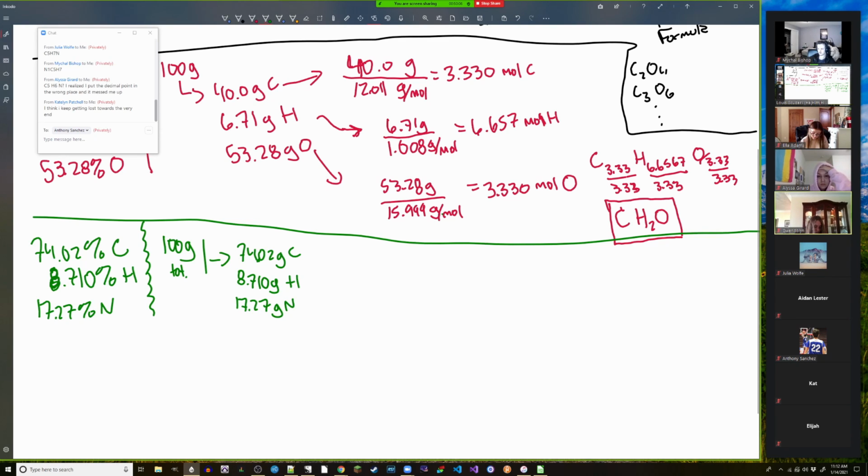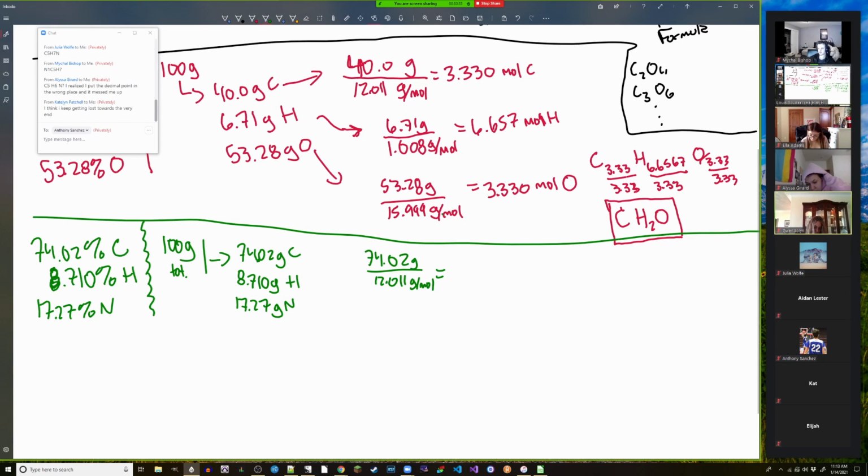That's the easy part, right? Then we do this same process of converting all these to number of moles. Just like before, for carbon, we know that number. What does that work out to be?